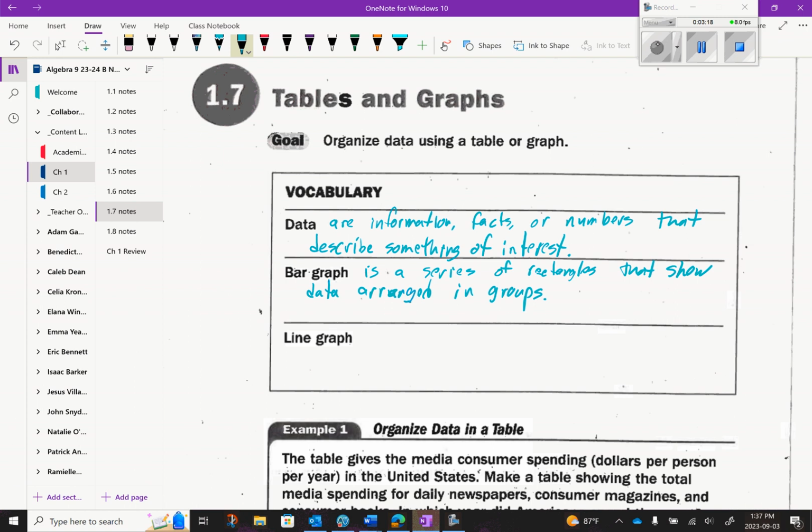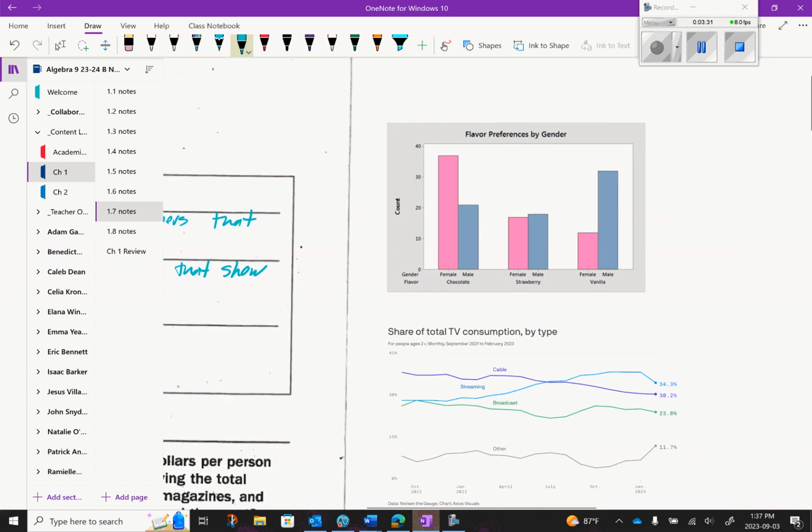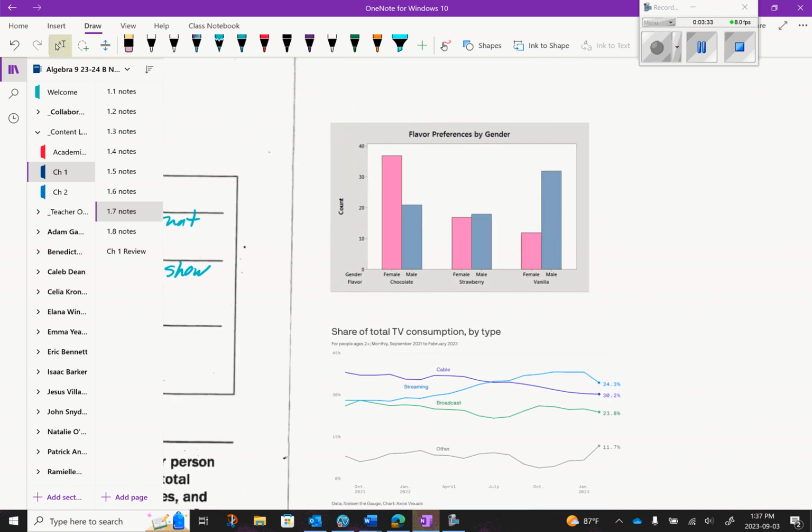Now, in a bar graph, we could have things arranged by year. That's a fairly common one. Off to the side here, just a generic example I found.